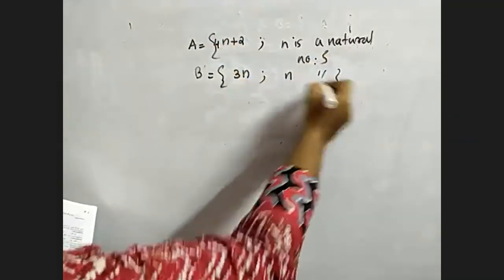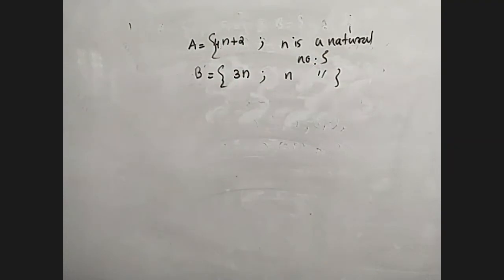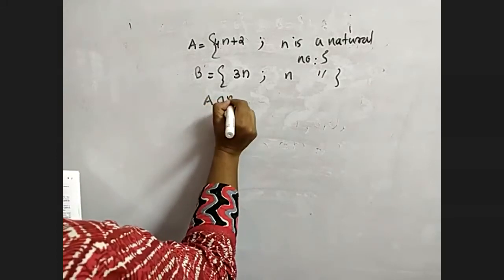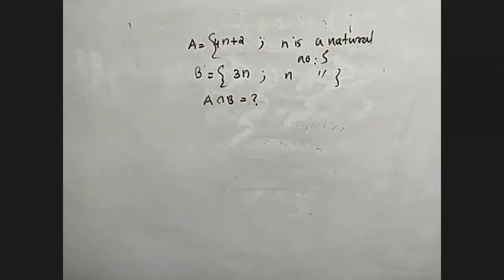This is a set. I'm defining two sets. Then what is A intersection B equal to?